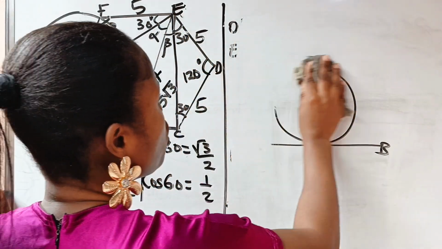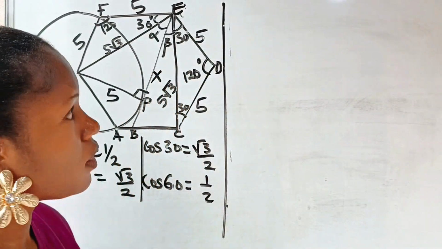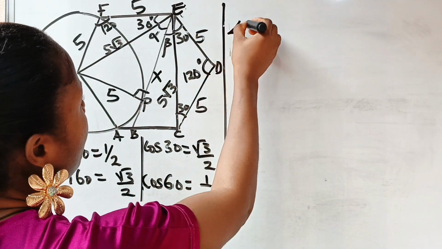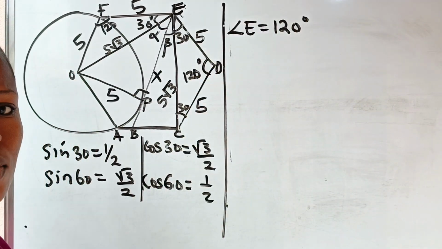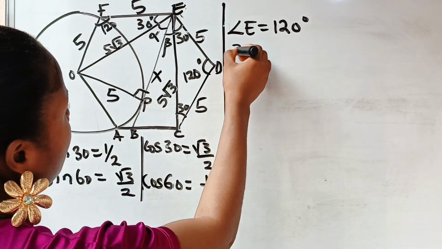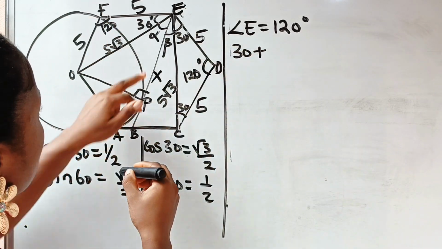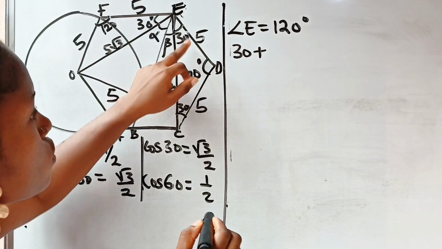So everything should be equal to 120, right? Now, angle E is equal to 120 degrees. Okay, now we have 30 plus alpha plus beta plus 30. Everything should be 120.